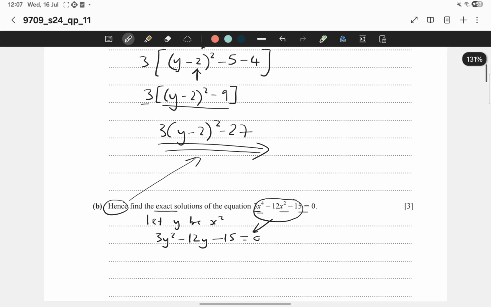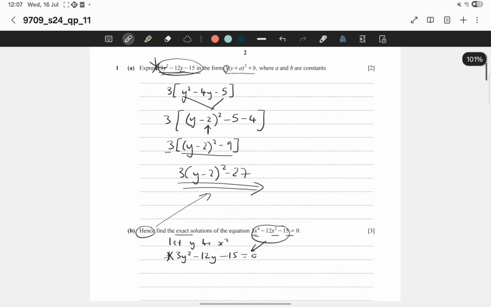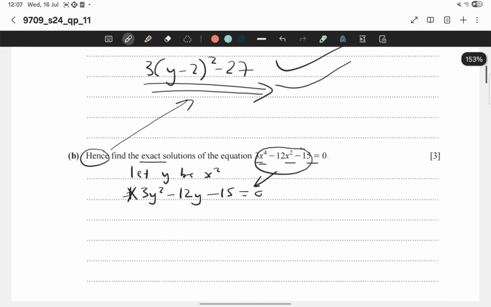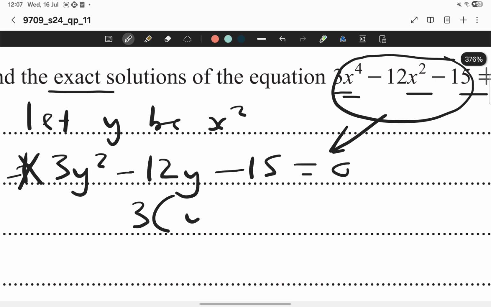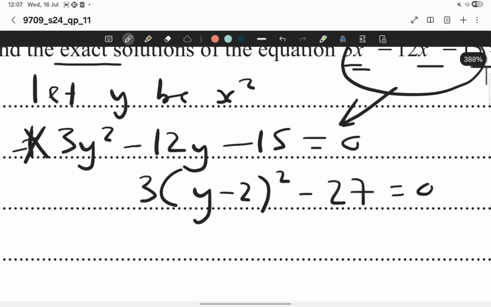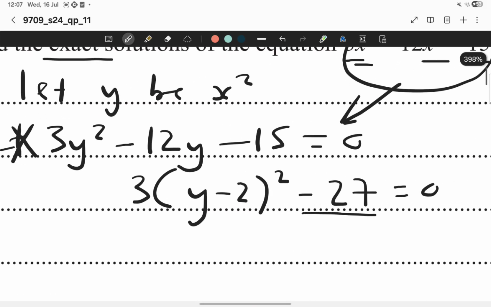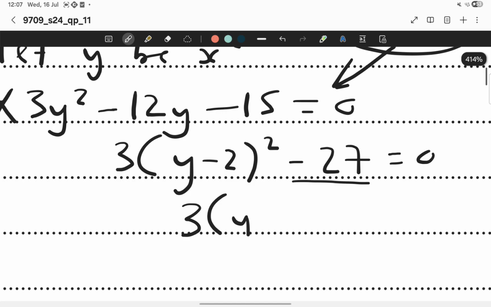And we can see that this is the same as this, right? And expressing it in its completed square form, we get this answer from part A. So we can safely say 3 times y minus 2 squared minus 27 equals 0, right? Taking this minus 27 to the other side, it will be 3 times y minus 2 squared equals 27.